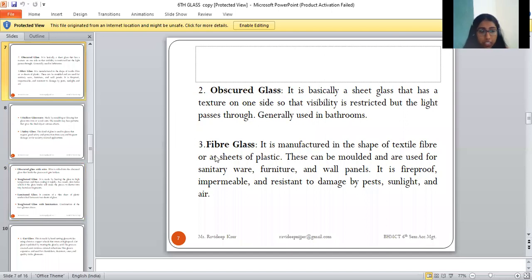This fiberglass is made from textile fiber or sheets of plastic, and it is very easy to mold. Sanitary ware, furniture, and wall panels are the things we get from fiberglass. And fiberglass is used because it cannot get damaged by pests, sunlight, and air. So this is why fiberglass is used.